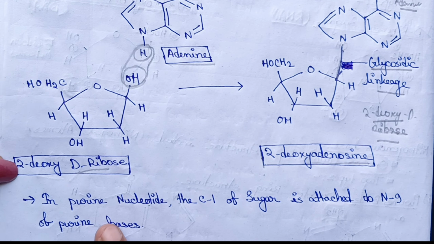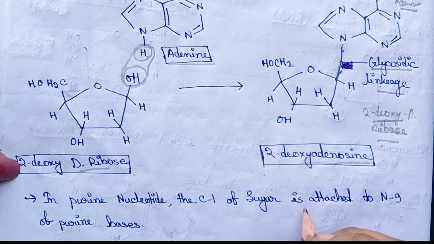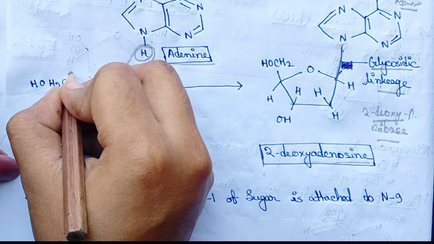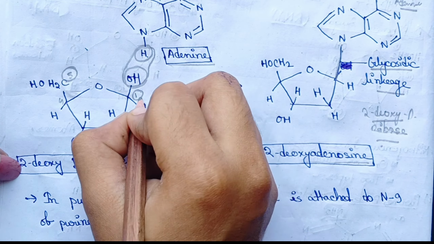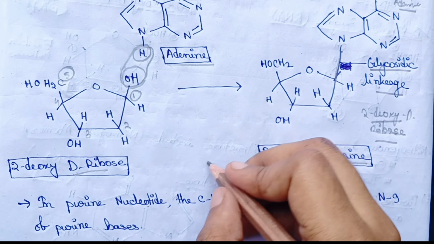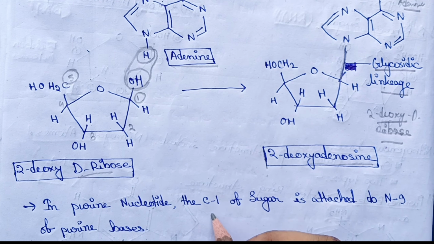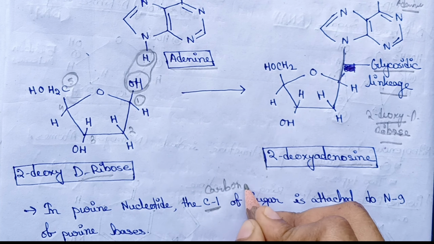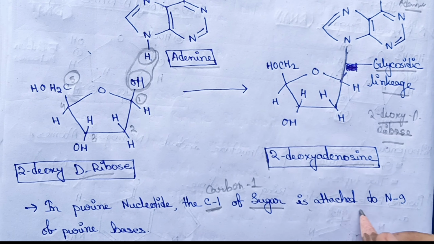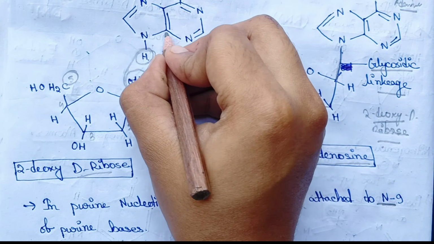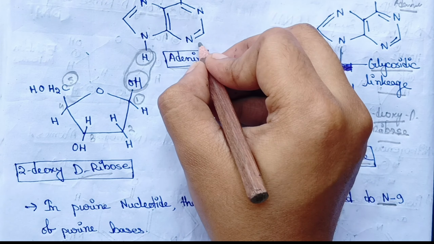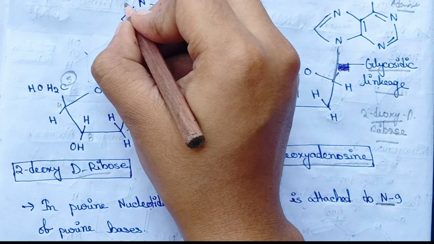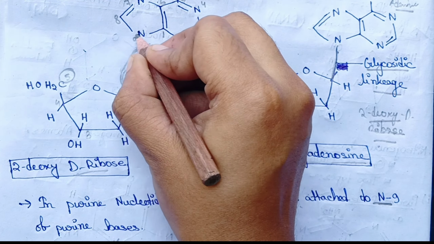In a purine nucleotide, the C1 of the sugar, C1 means 1, 2, 3, 4, 5. So this is the first carbon. In the purine nucleotide, C1 means carbon 1 of the sugar molecule is attached with N9. 1, 2, 3, 4, 5, 6, 7, 8, 9.